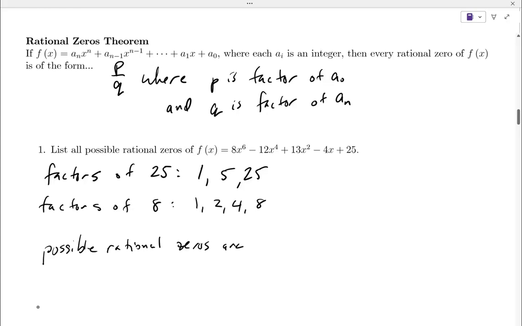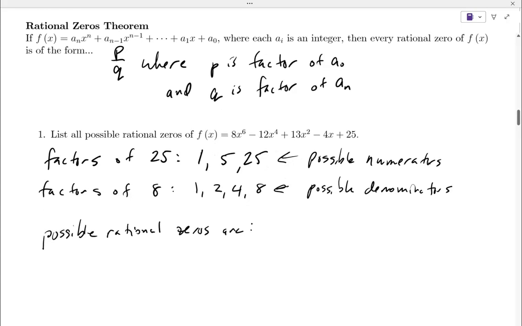are, well, these are your possible numerators. These are the possible denominators. So what fractions can we form?